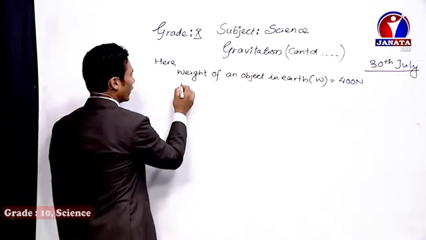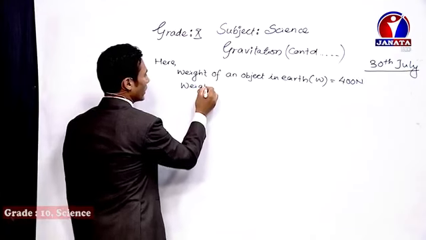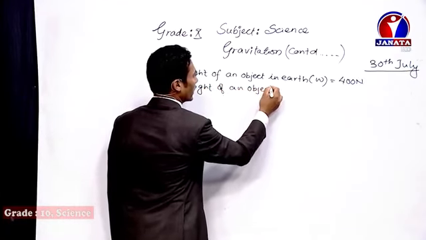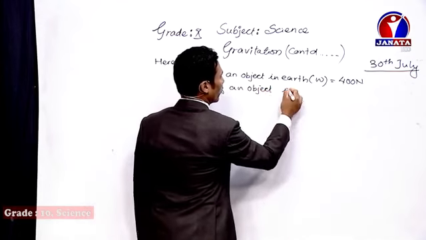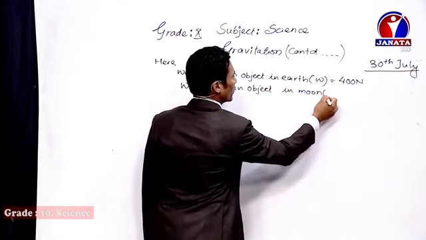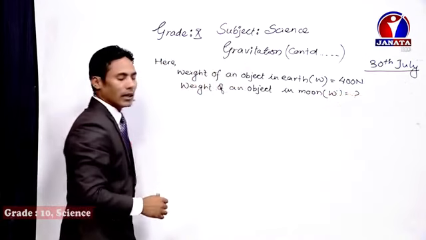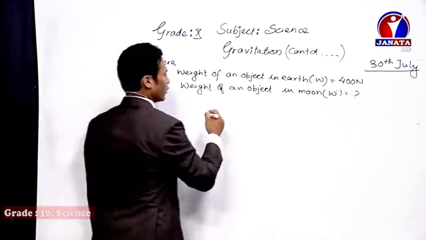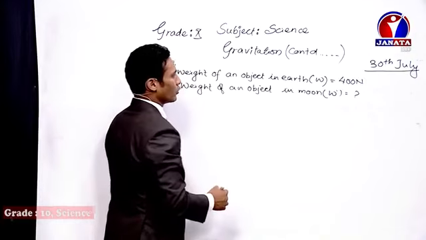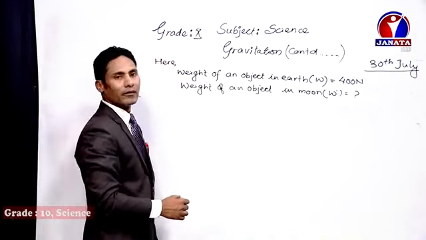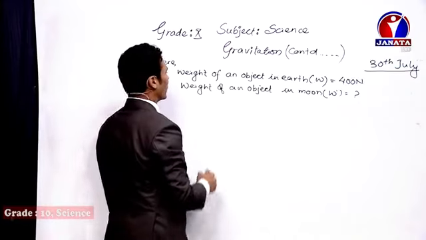We need to find the weight of the object on the moon. So we will suppose this W dash equals what? And we need to know the acceleration due to gravity of Earth as well as the acceleration due to gravity of the moon, because it is related to the weight.